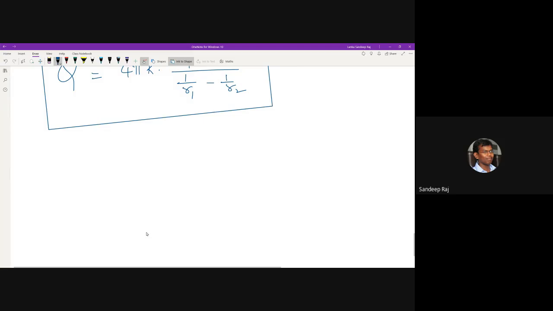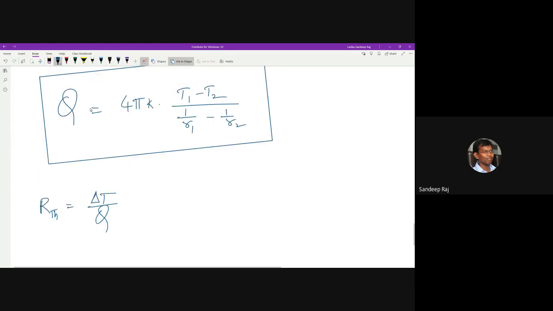Now that you got your Q expression for a sphere, you can also get the R expression for your sphere. R is nothing but the thermal resistance, that is delta T by Q. So if I convert this into delta T by Q, delta T is on the top here.